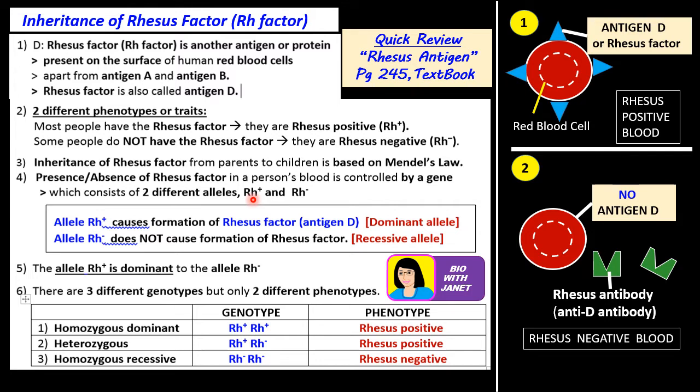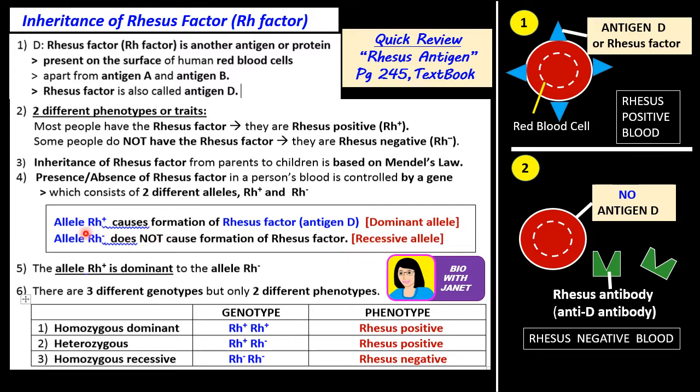We assign the letters Rh positive for the alleles. So this term is not just an R, it's Rh positive. Allele Rh positive causes formation of rhesus factor or antigen D, and it's a dominant allele, whereas allele Rh negative does not cause the formation of rhesus factor, and it is a recessive allele.